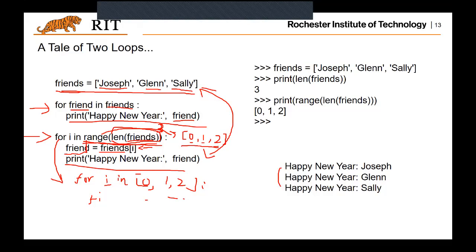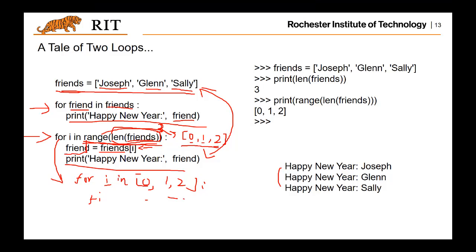But they are doing a similar thing. Just to give you some ideas of how you could loop through the list in different ways. Any questions about this? All right.